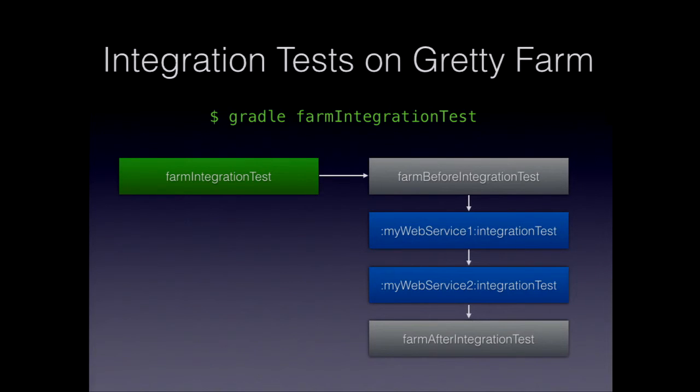Farm integration test first detects which farm you want to run, and then it ensures that the web container is started before the first web application in the sequence and stopped after the last one. Regrettably, right now we don't have any parallelism of integration tests. They will be executed one by one. It's simply that nobody asked for any kind of parallelism. Maybe a feature for the future.